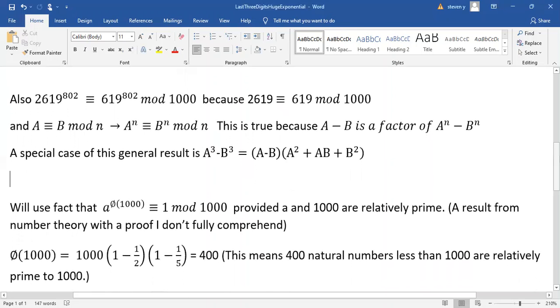Now this very first step right here, this is the number we're trying to find the last three digits of. It turns out you can scale it down to 619 because of this fact right here: 2619 is congruent to 619 mod 1000. But it's also true that if you elevate it to the 802nd power, it's still going to have that same property.